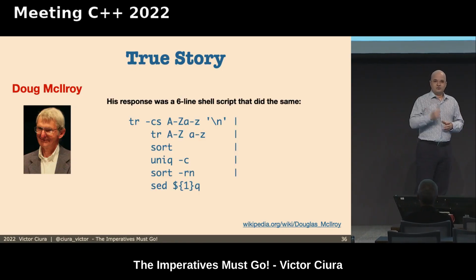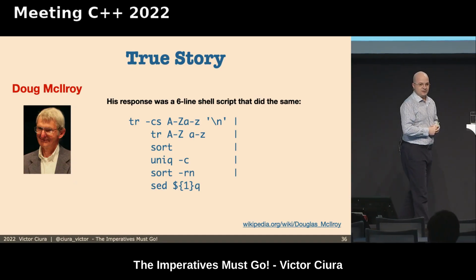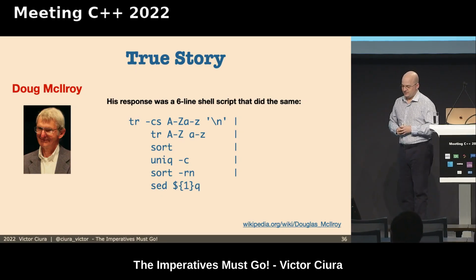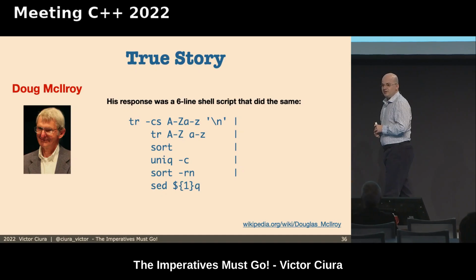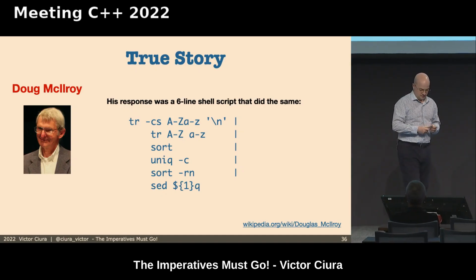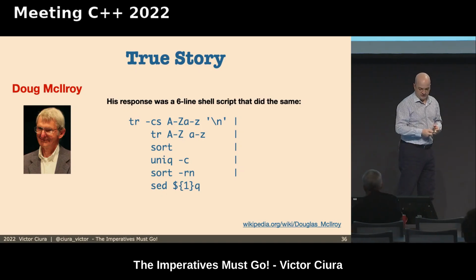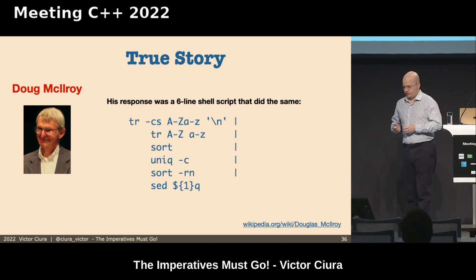And this is his solution to the very same problem. And this is a complete solution. So it's not 10 pages long. It's 6 lines of shell script that accomplishes the very same task of finding the word frequencies and sorting and printing them out.